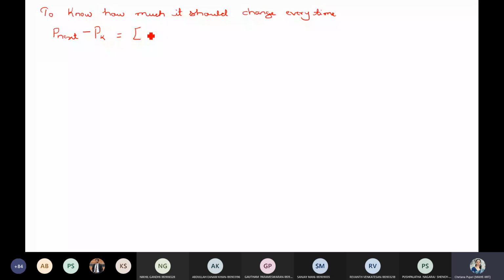P next is 2 delta y x next minus 2 delta x y next. So this is our P next minus 2 delta y xk minus 2 delta x yk, because this is for PK, the previous value.